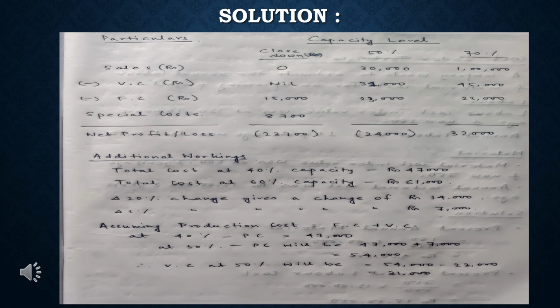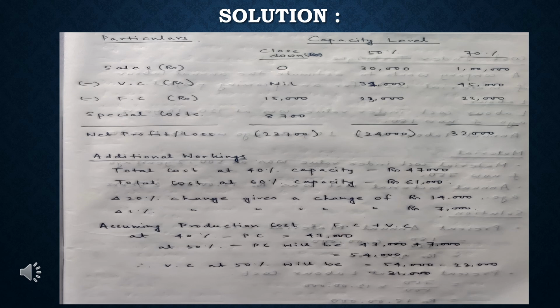So if we now take that at 40% the production cost is 47,000, then at 50% the production cost will be 47,000 plus that 10% change, which gives 54,000.